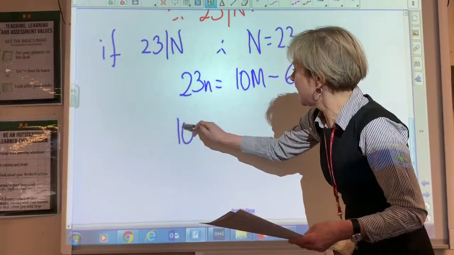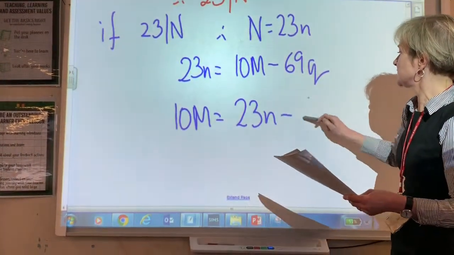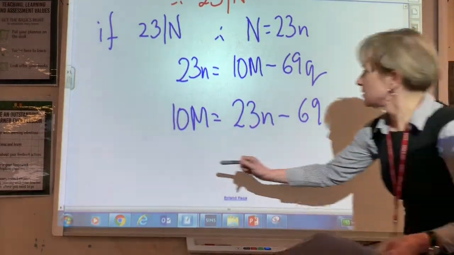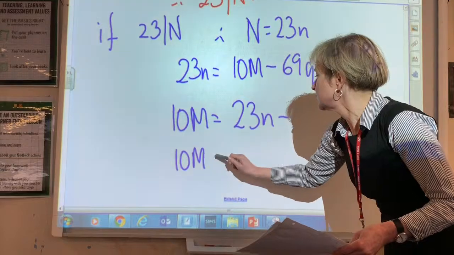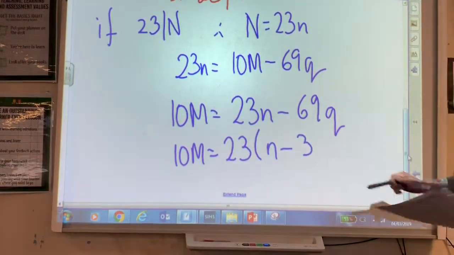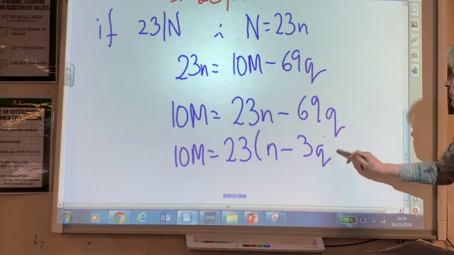So 10m is going to be 23n minus 69q, so 10m is 23n minus 3q.